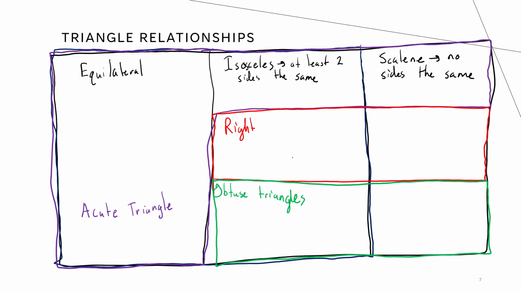If it's equilateral, we just call it equilateral, but we can have acute isosceles, acute scalene, isosceles right, scalene right, scalene obtuse. I'll draw some examples. Here's a classic scalene right triangle. I'll try to draw an isosceles right triangle. We'll pretend that those are the same length.